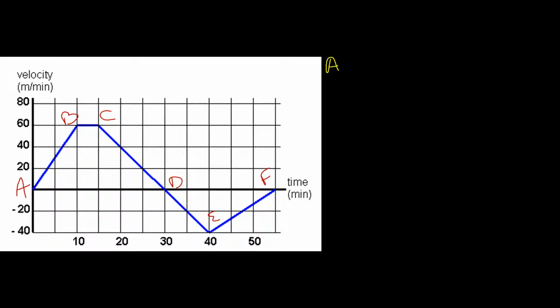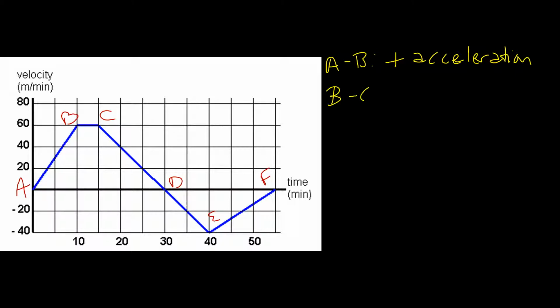So from A to B, the object is experiencing positive acceleration. So it's accelerating in a positive direction, and it is also itself a positive number because of, again, that rise over run being in a positive direction.